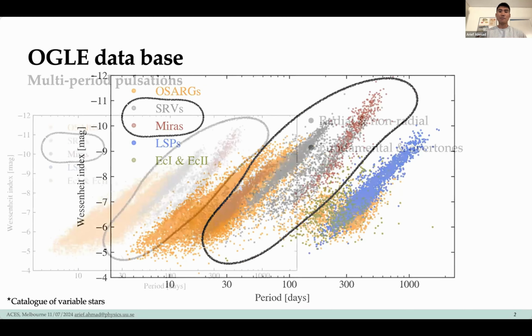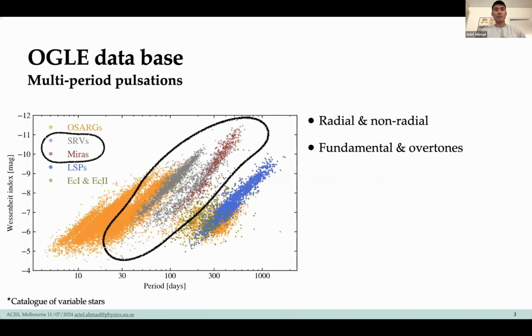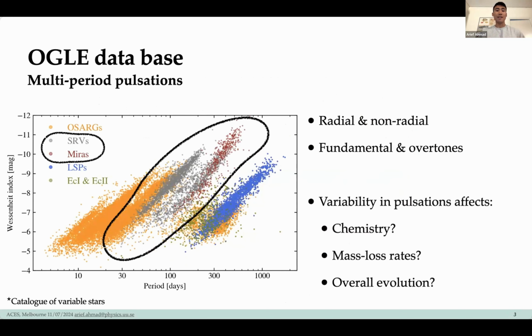To be more explicit, these are a mixture of radial and non-radial pulsation modes. And within the radial modes, you have the fundamental and overtones. As to why it is interesting to look into this, the timescales involved in the pulsations and any variability will introduce some changes in the chemistry. Convection and pulsations interact with each other, and it can affect the chemistry of the atmosphere.